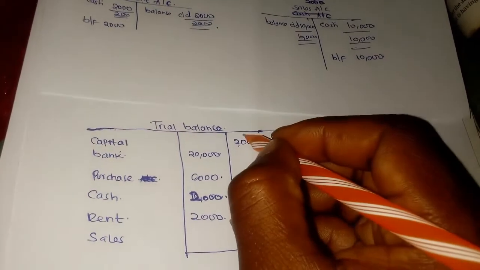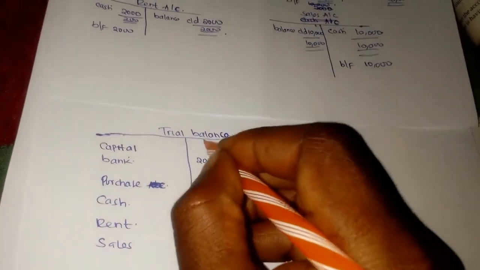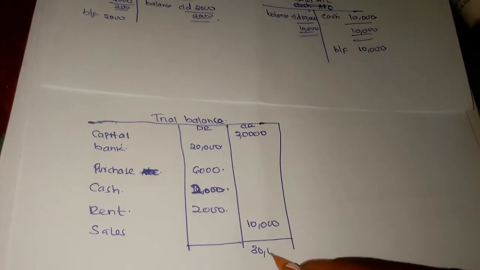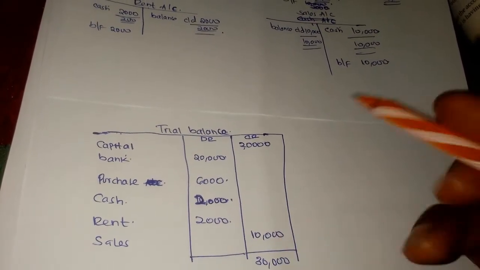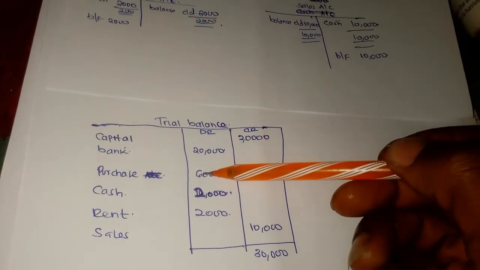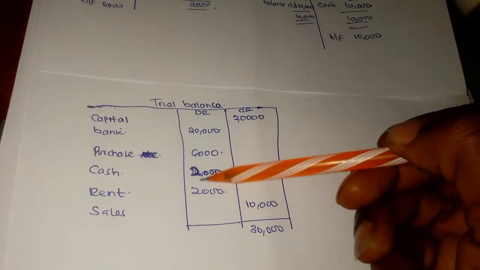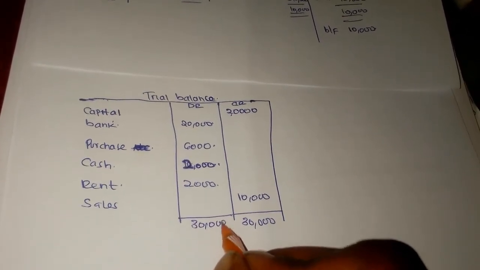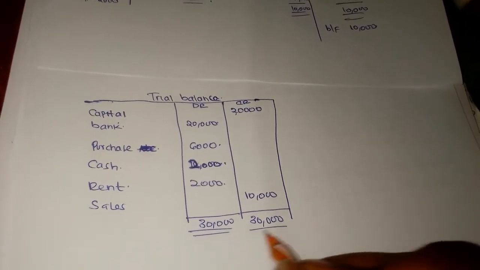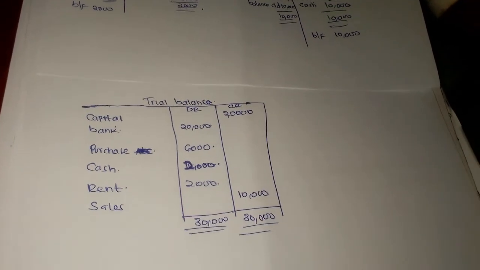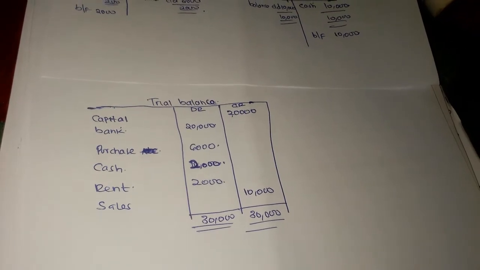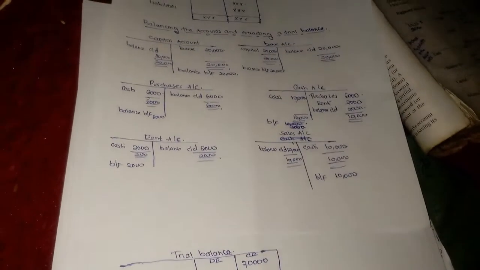On the credit side we have 30,000, and on the debit side we have what? 20, 26, 28, 30. Good. So we are okay. Thank you guys, and that's how we balance our trial balance. We have extracted our trial balance from ledger accounts.